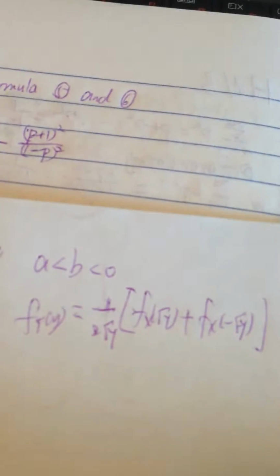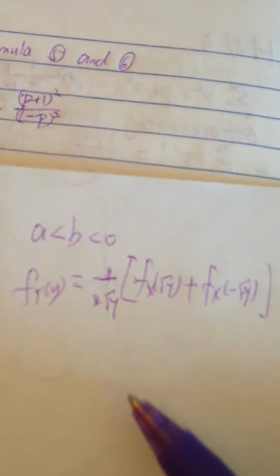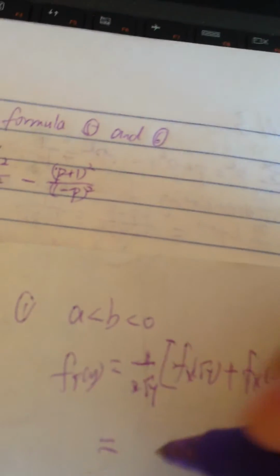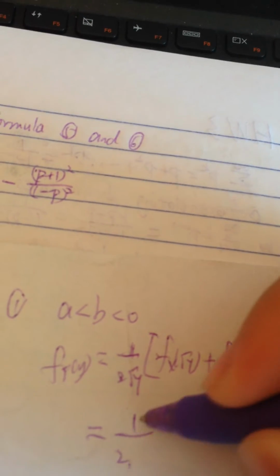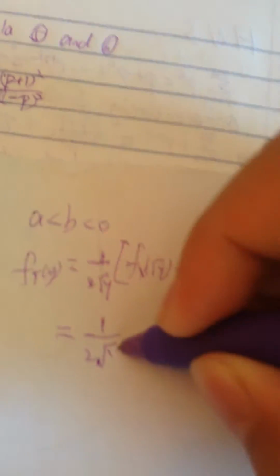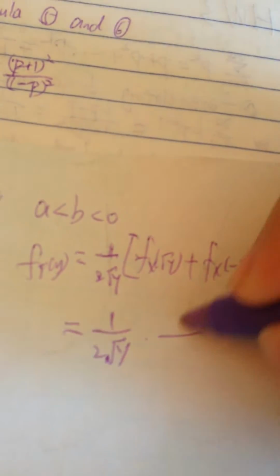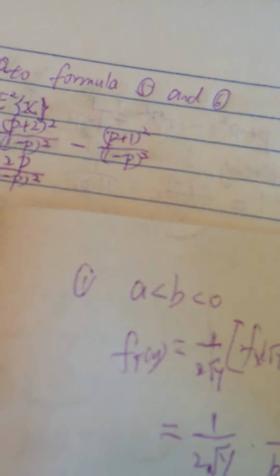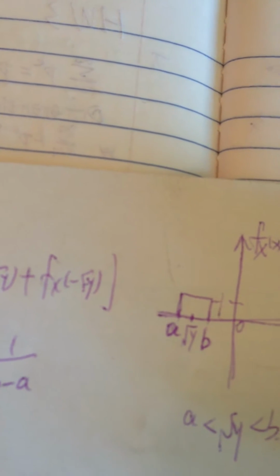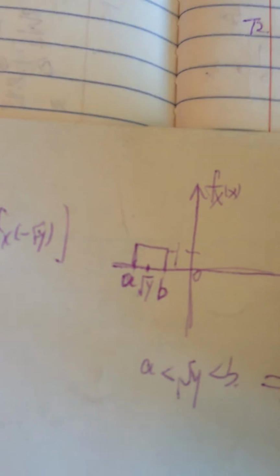Only one of them is between a and b, so this formula is not equal to 0. It will be 1 over 2 square root y times 1 over b minus a, when y is greater than a squared and less than b squared.